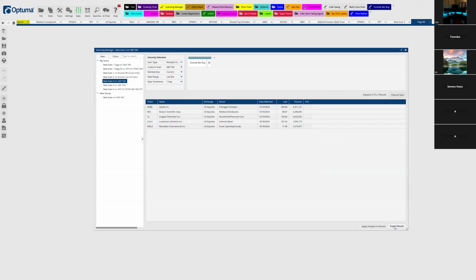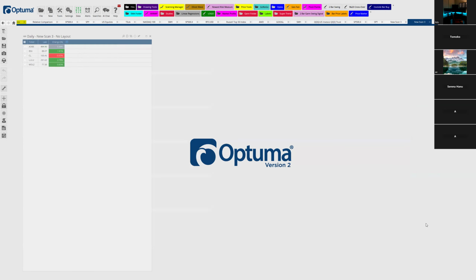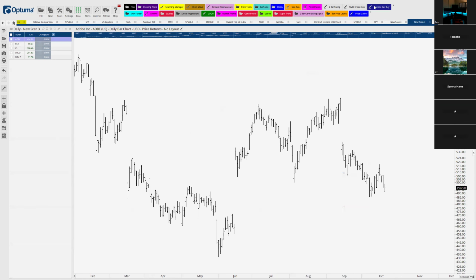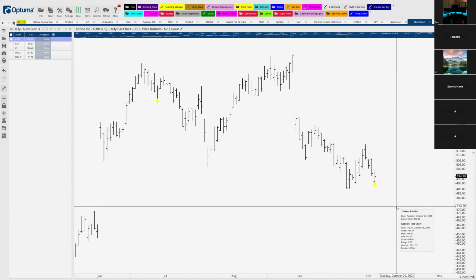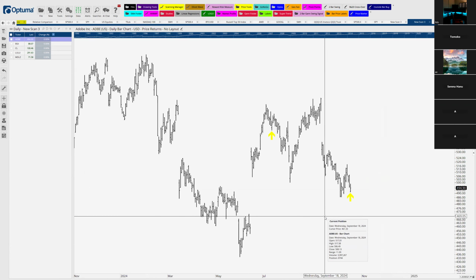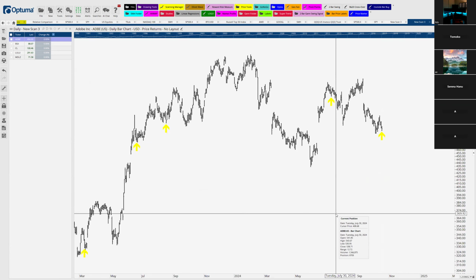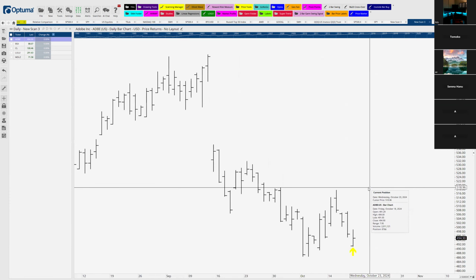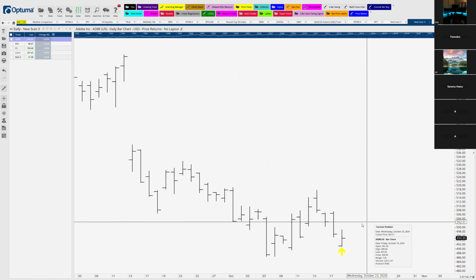Okay, Adobe. So the outside bar is different. This one, I made this one yellow. So I'm testing this one. See, it's called an outside buy signal.